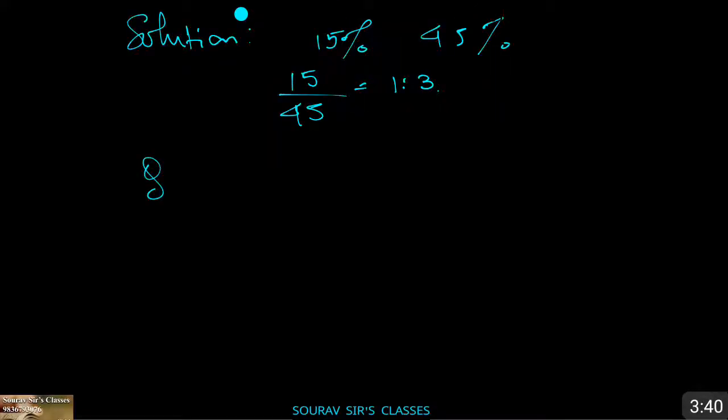Next question. What is the percentage of expenditure incurred on rent with respect to expenditure on fuel? I repeat the question again. What is the percentage of expenditure incurred on rent with respect to expenditure on fuel?